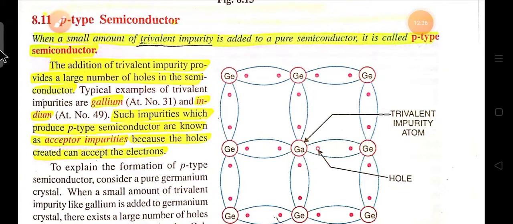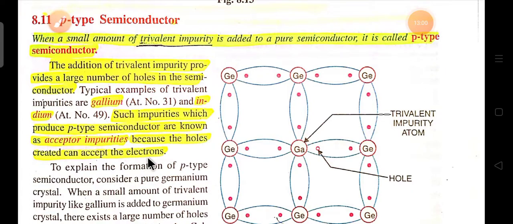Okay, the addition of trivalent impurity provides a large number of holes in the semiconductor, and examples of trivalent impurity are gallium and indium. Such impurities which provide p-type semiconductor are known as acceptor impurities because the holes created can accept electrons.